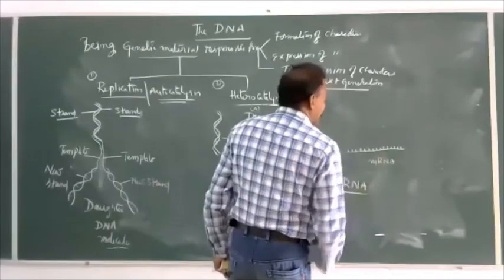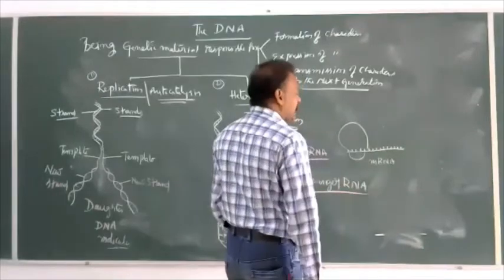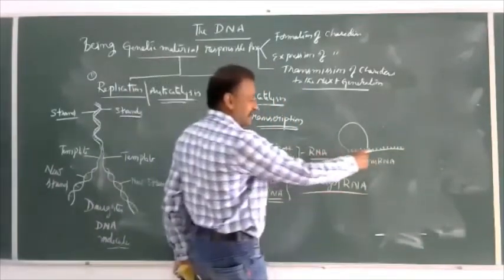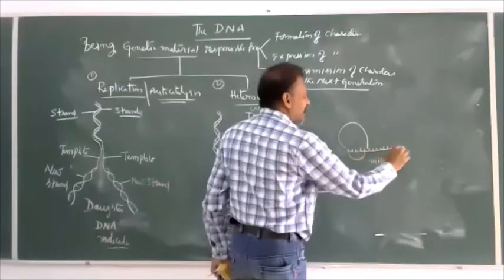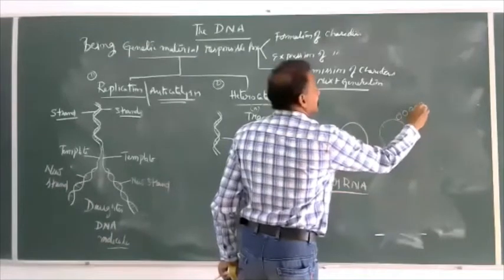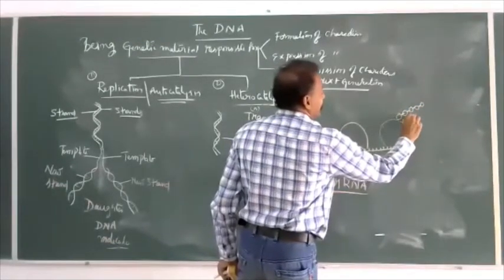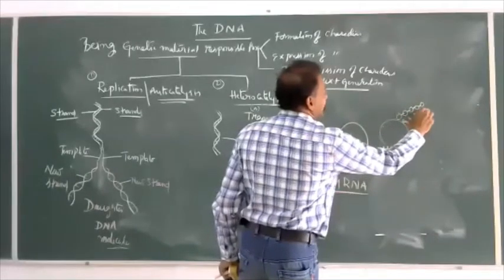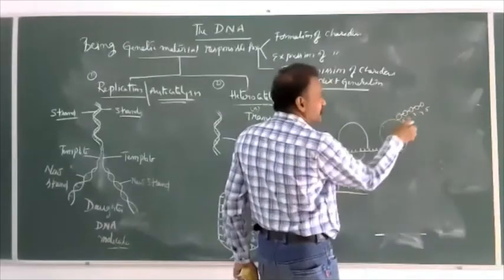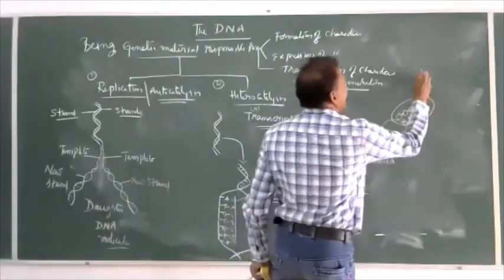Based upon this information, ribosomes and tRNA molecules will come. Finally, based upon this coded information, amino acids are produced: amino acid 1, 2, 3, 4, 5. Because of these amino acids, this is called a protein.